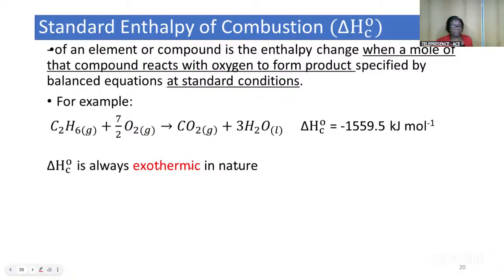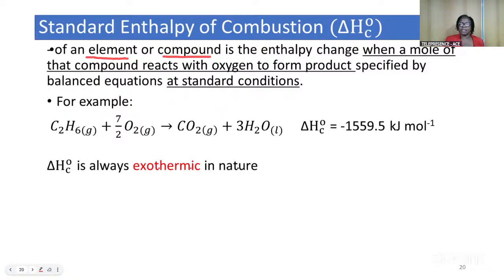So look at this very well. Standard enthalpy of combustion is that of an element or compound. That is the enthalpy change that is involved when 1 mole of that compound reacts with oxygen. So 1 mole of that compound must be reacting with oxygen to form products specified.